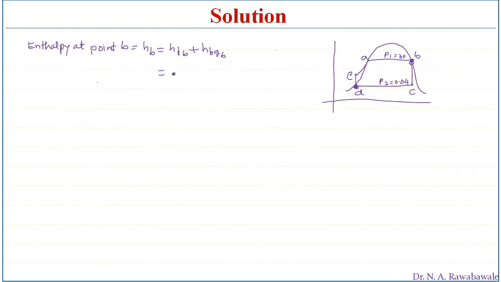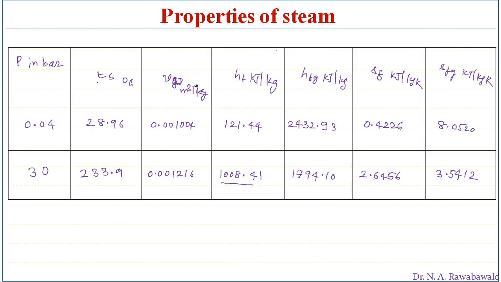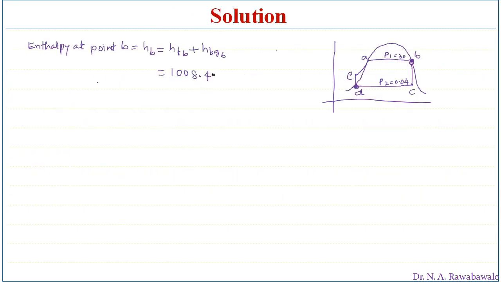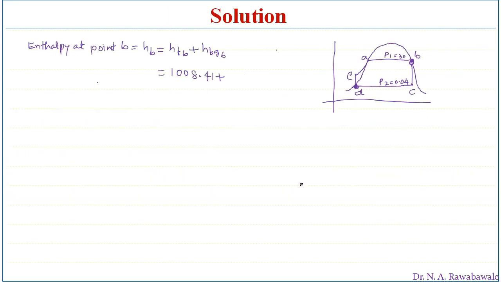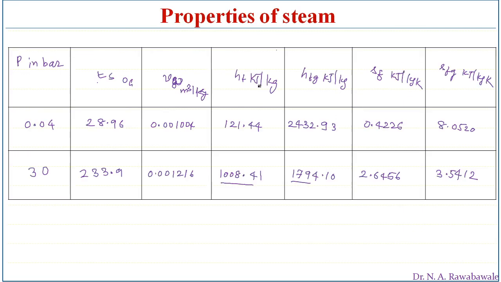So here this is 1008.41 plus HFG at point B. At this pressure of 30 bar, HFG is 1794.10.